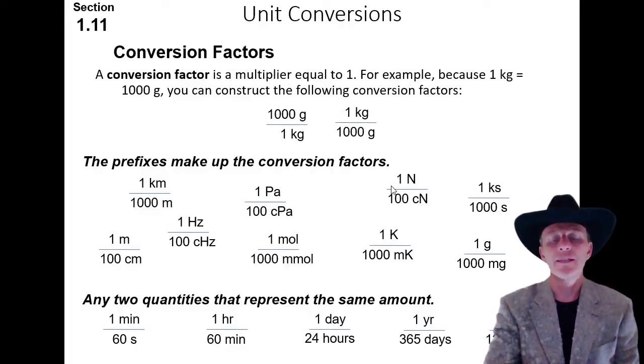We could write 1 centinewton, that's what cN stands for, and 10 to the negative 2 newtons. Those would represent the same thing, because 10 to the negative 2 is the same as 1 over 10 squared, which is 100. So the c has a value of 10 to the negative 2, and you can create conversion factors with the prefixes like that as well.